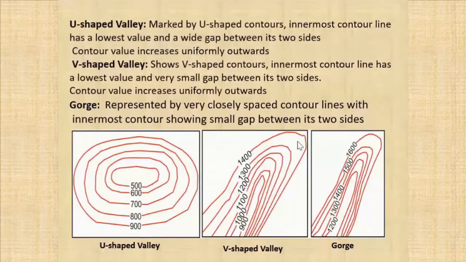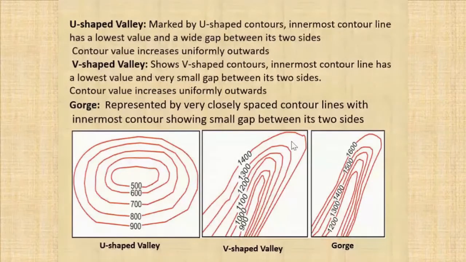Whereas V-shaped valley is represented by V-shaped contours, where the innermost contour line is characterized by having the lowest value and a very small gap between its two sides. The contour values increase uniformly outward.